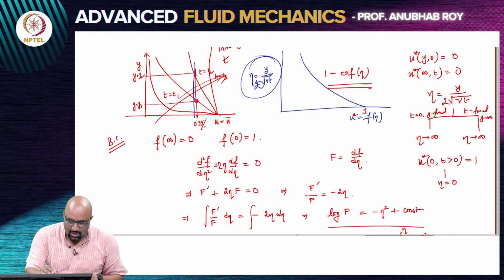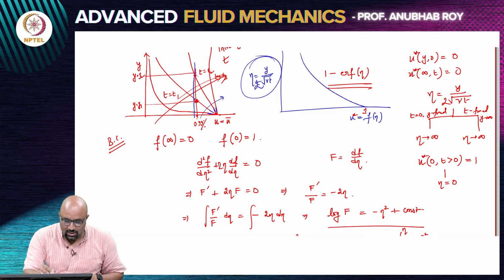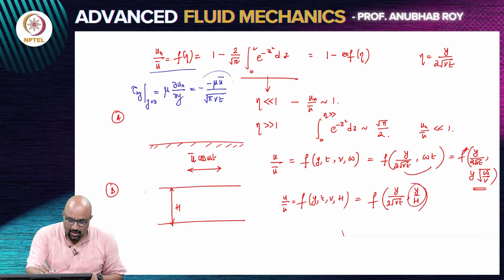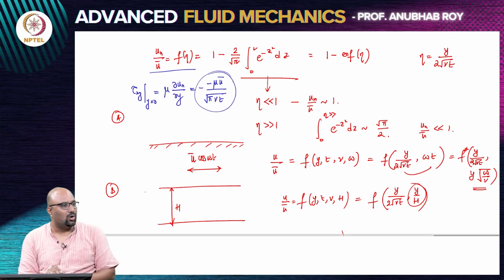So, if you measure the slope here, this is the measure of the shear stress and this slope is slowly decreasing because it is a slope of du x by dy. That slope is slowly decreasing as 1 by root t, or 1 by root nu t.